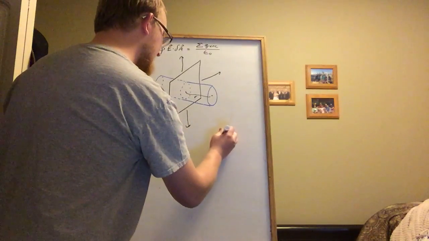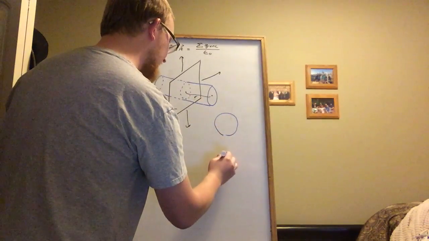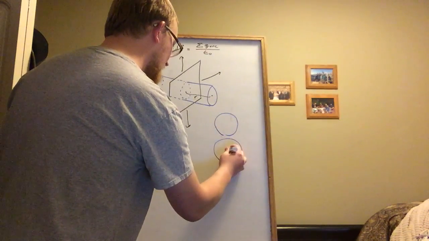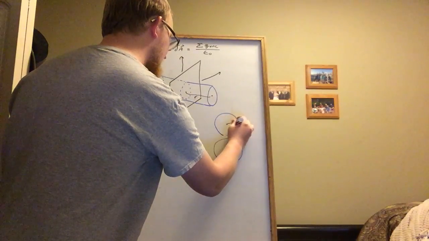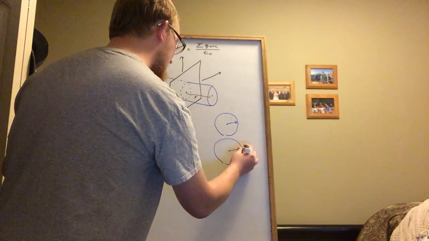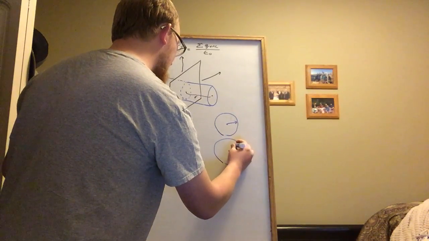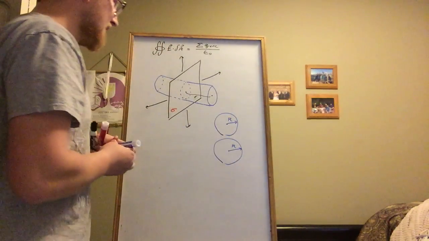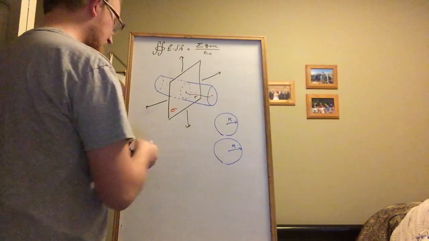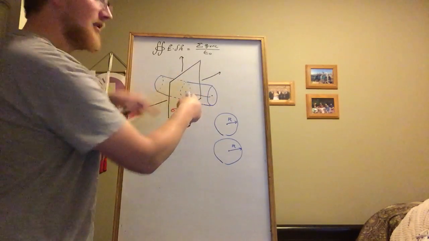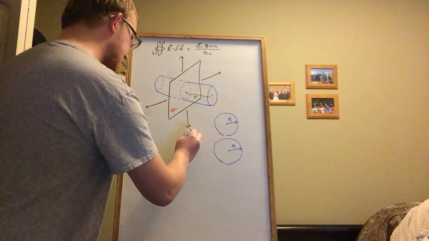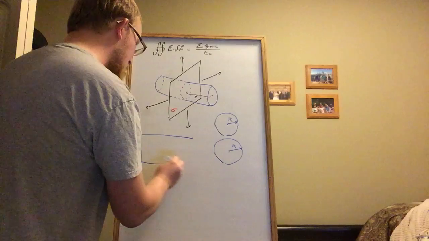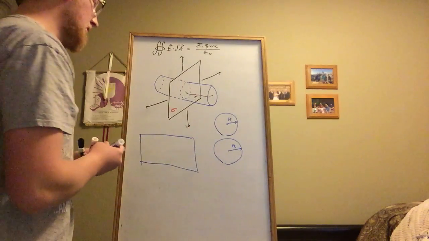So we can look at both of these, which are both going to have a radius of big R. And then there's also, if we were to unravel the middle of the cylinder, some long plane as well.